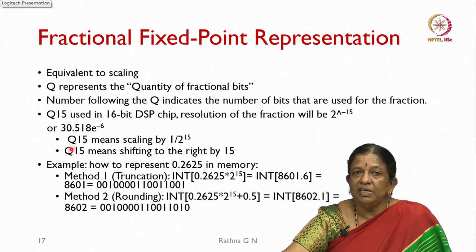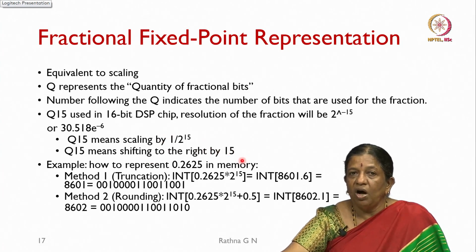So, what are the things here? Q15 means I will be scaling the number by 1 by 2 to the power of 15, and once again Q15 means either I can scale by this division or I can do the shifting, because one shift right operation is going to divide by 2. So, I can shift right 15 times, resulting in the value.